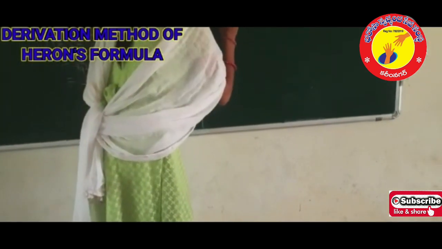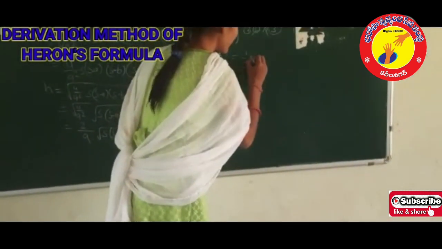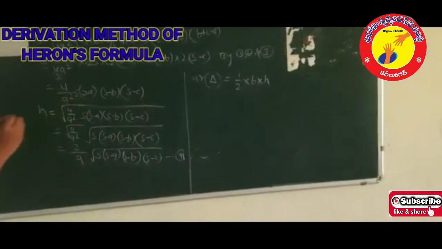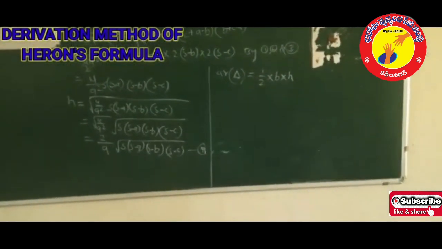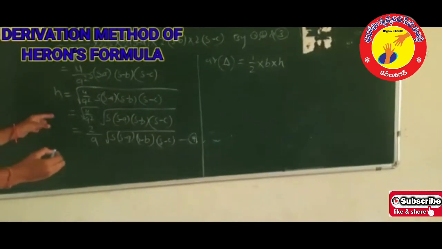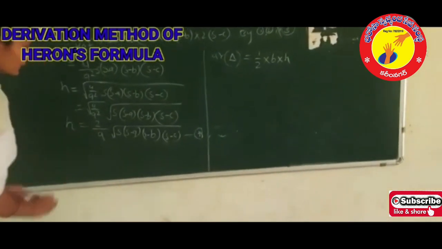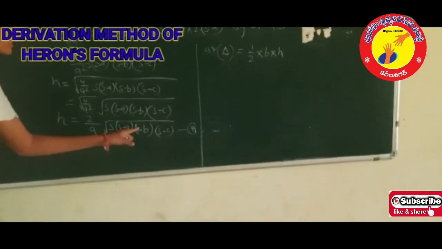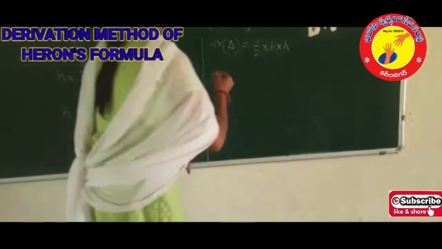We know that area of a triangle is equal to half into base into height. Here base is a and height is x. We found the height is 2 by a under root of s of s minus a, s minus b, s minus c.